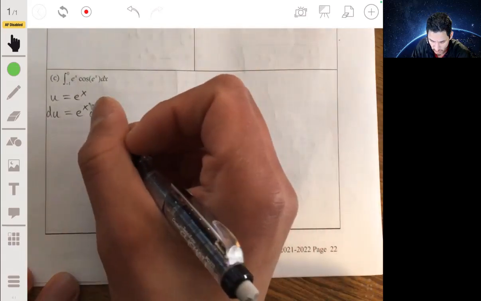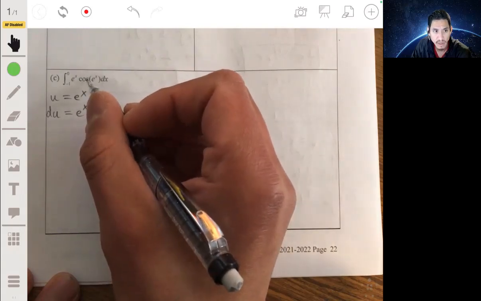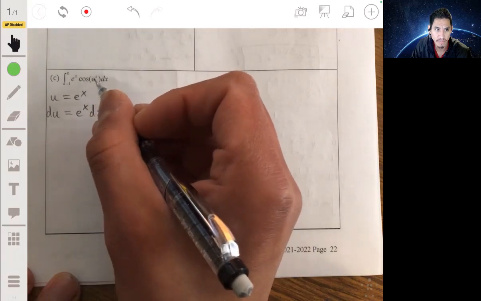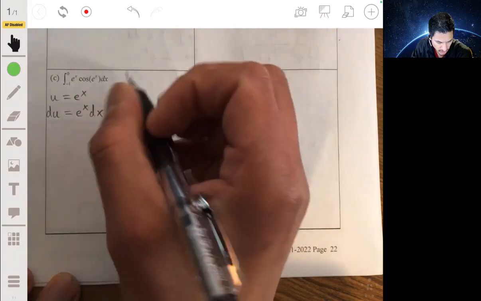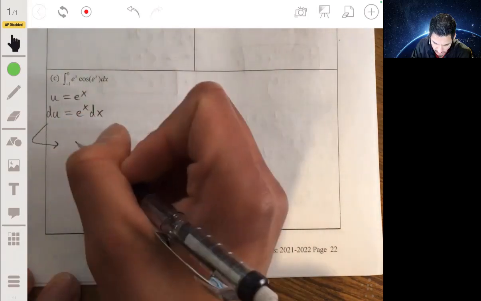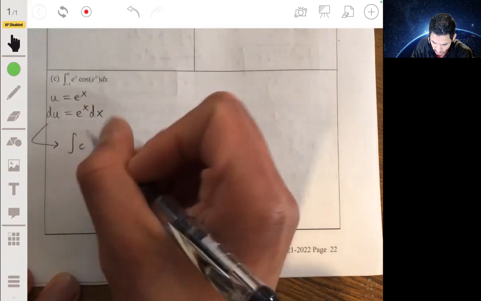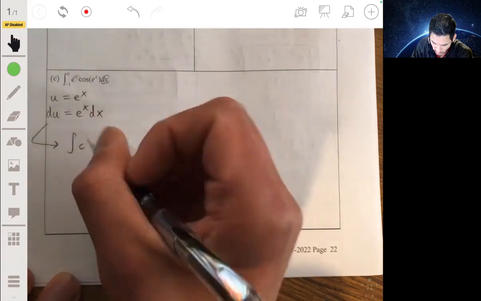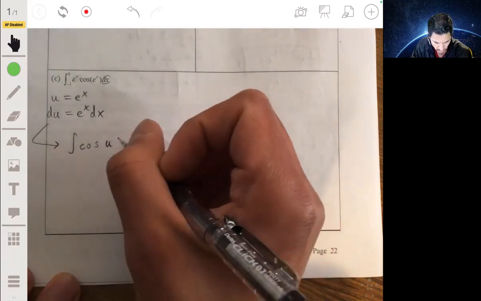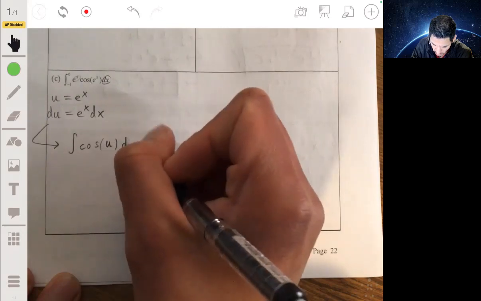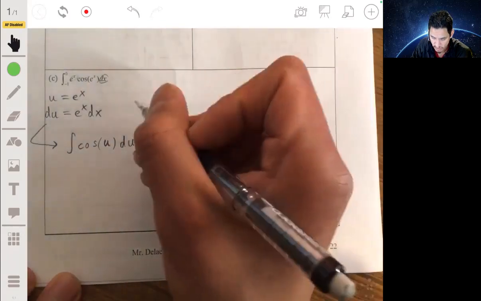Now this may be a little weird, but it works out, because remember, you can integrate the cosine of something as long as it's something simple that we know of. In other words, we can rewrite this as the integral of the cosine of u du, because we have e to the x dx left over. And now let's rewrite those endpoints in terms of u.